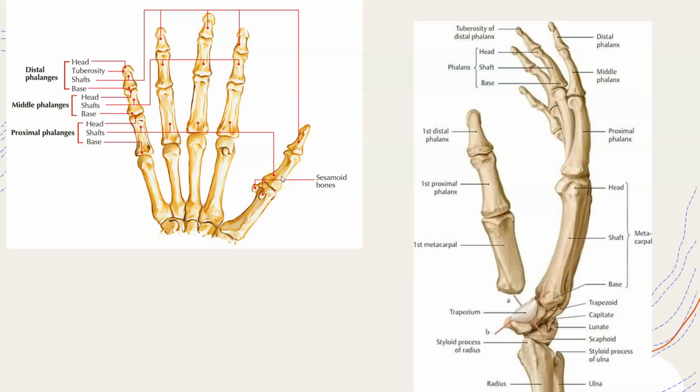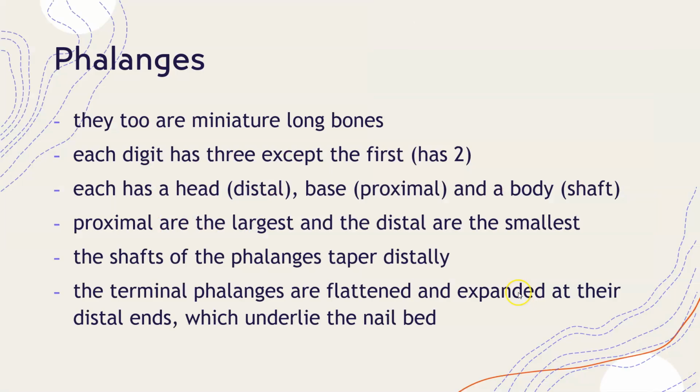So 2 phalanges for the thumb, 3 for fingers 2, 3, 4, and 5. You can see the thumb's been pulled away here: 1 metacarpal of the thumb with 2 phalanges, and then 3 phalanges for each other finger.